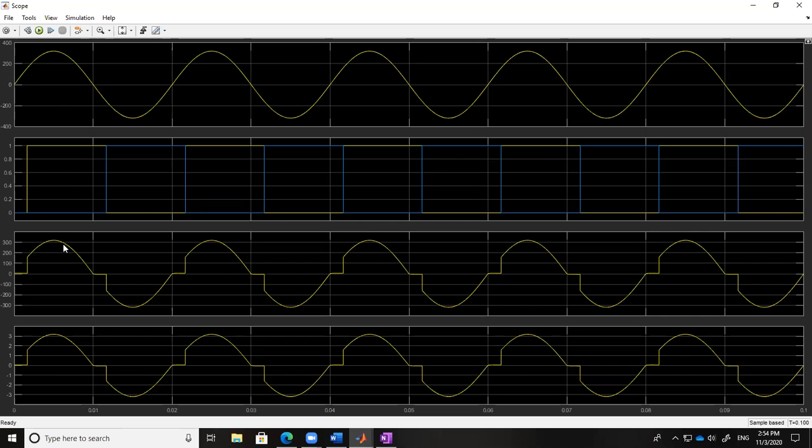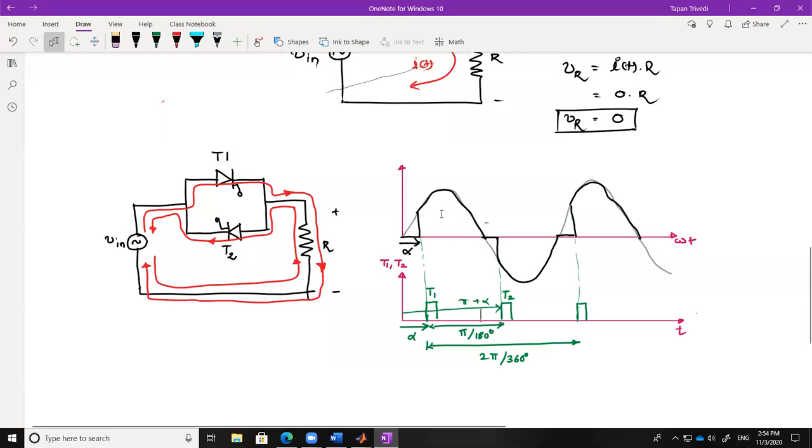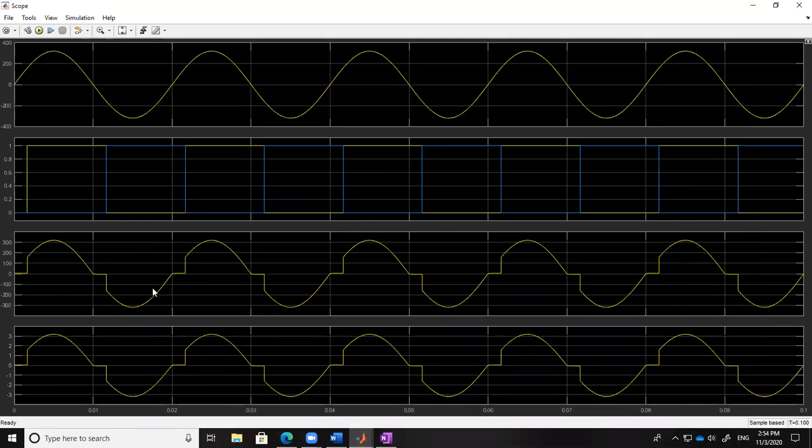The third one is the output voltage, which is just like what we have drawn here. This is the output voltage. And then you can calculate the current also. Is this clear?